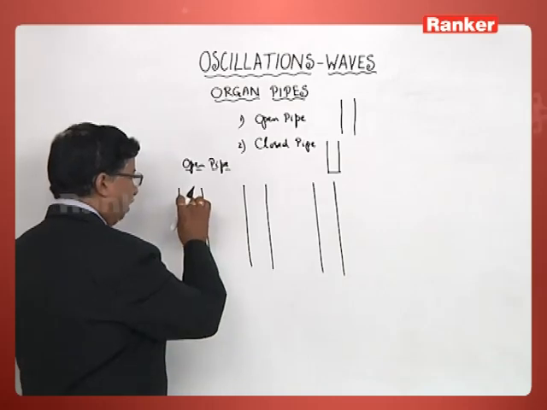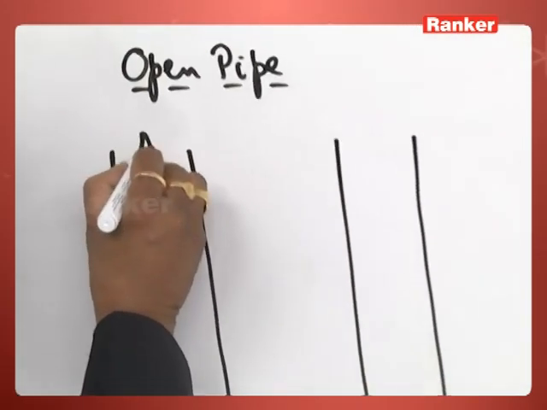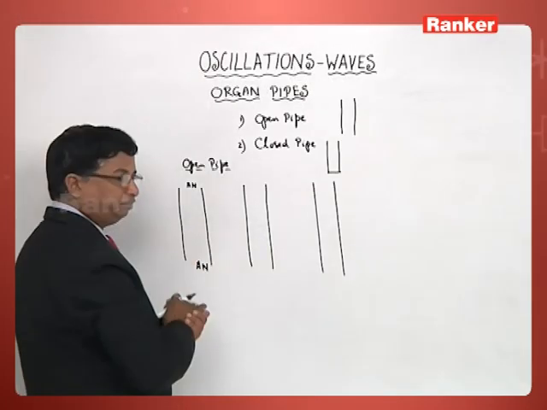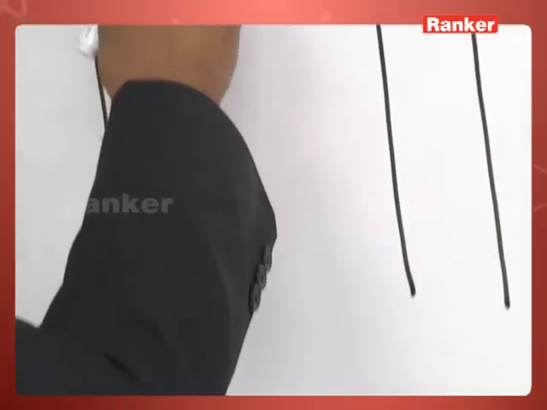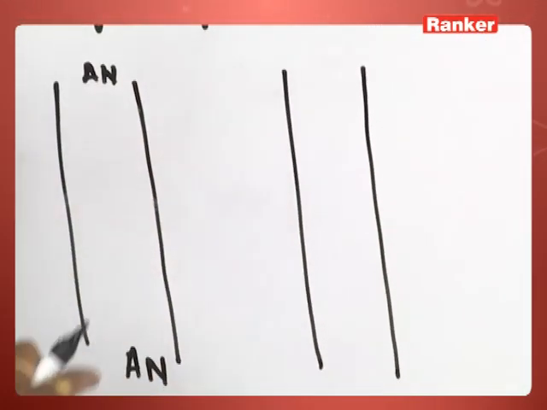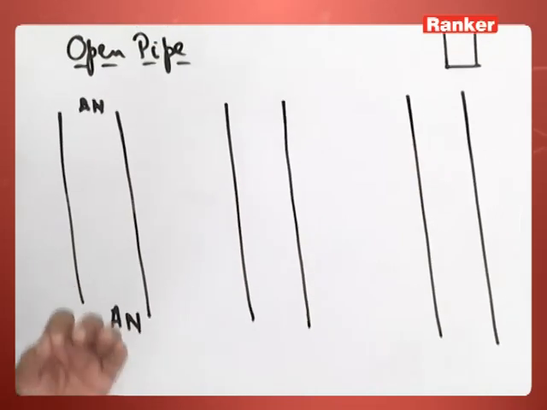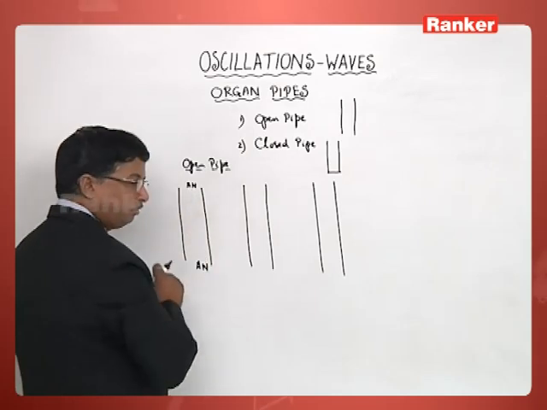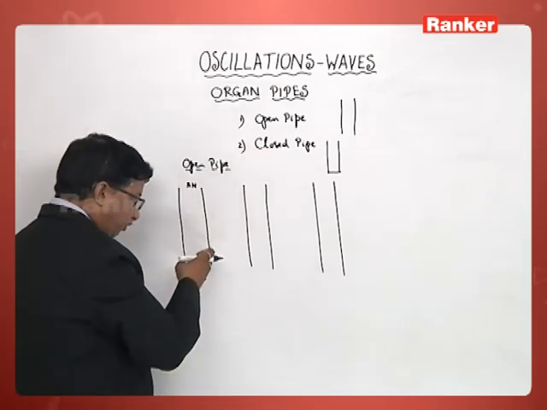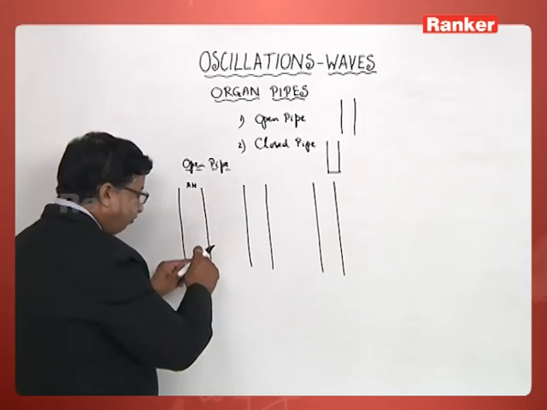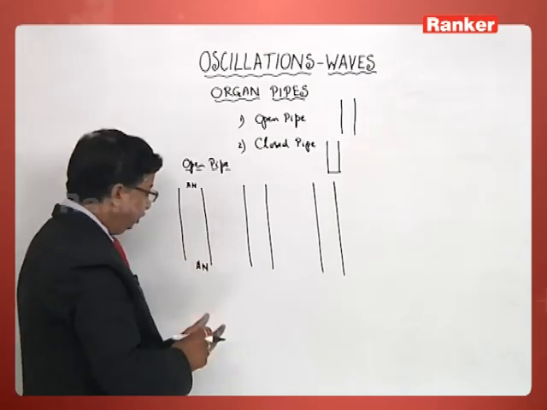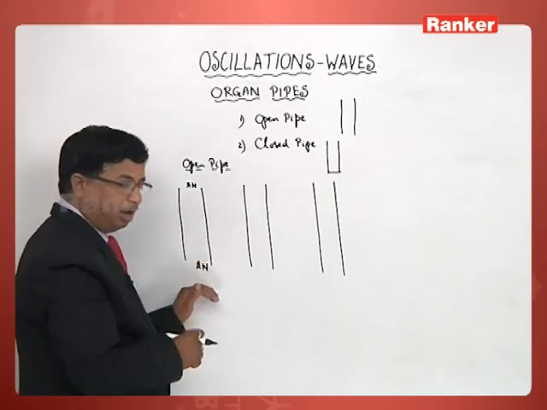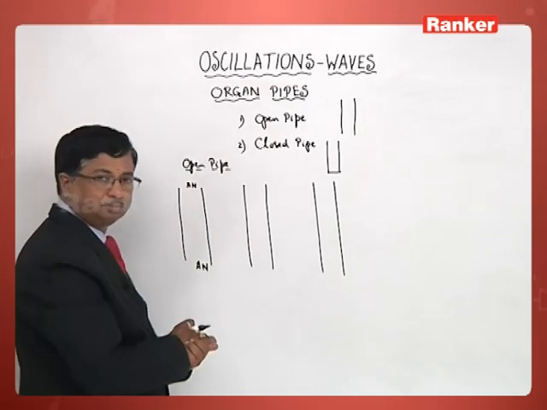First and foremost, the basic concept is that at each of the open ends, an antinode is to be formed. There are two open ends, therefore two antinodes we should get. It is a must. Once the wave enters, it exits from the other end, and after coming out of the tube, it strikes the denser air, reflects back and comes back.